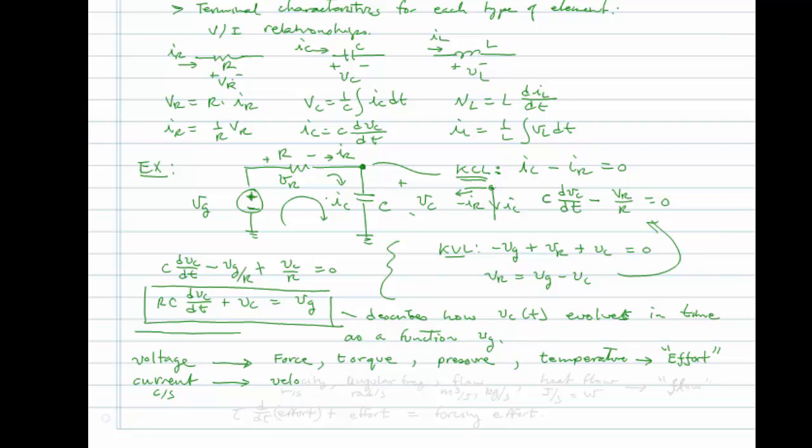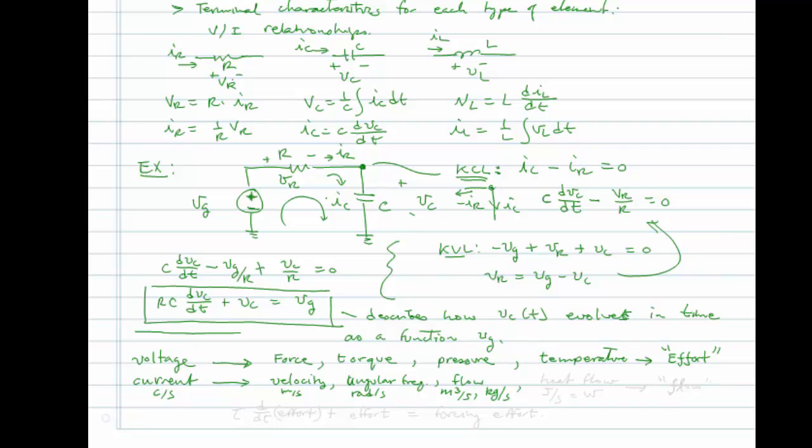Mechanically, translationally, we would have velocity, meters per second. If it was a rotational system, we would have angular frequency, something like radians per second. If it was fluid, we'd have flow, which could be a volumetric flow rate, something like meters cubed per second. You can also have mass flow, which would be in terms of kilograms per second.